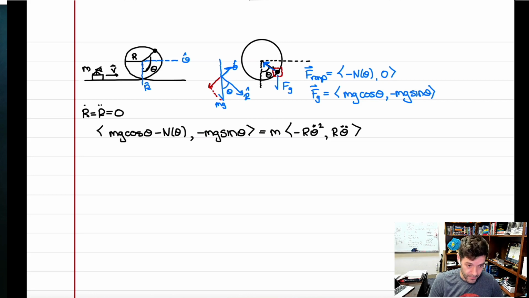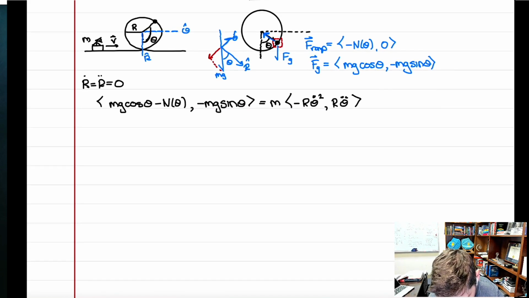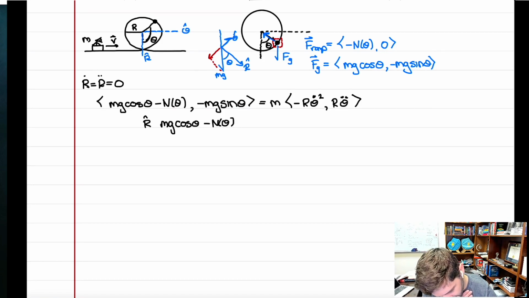Now, this, unfortunately, is very challenging to solve analytically. If I just look at the r direction, I could divide through by m. It looks like this is saying mg cosine theta minus N equals negative m r theta dot squared.